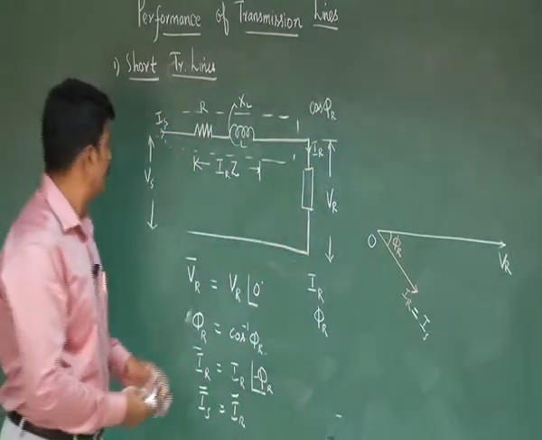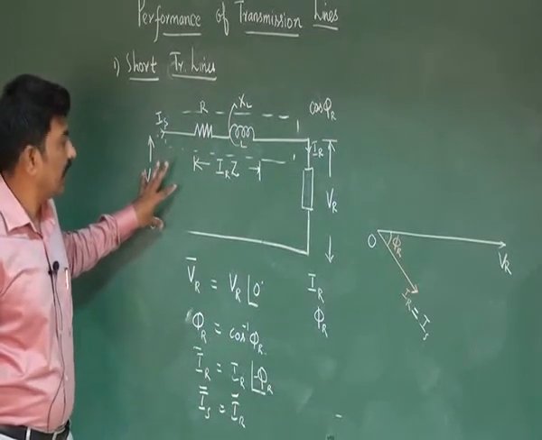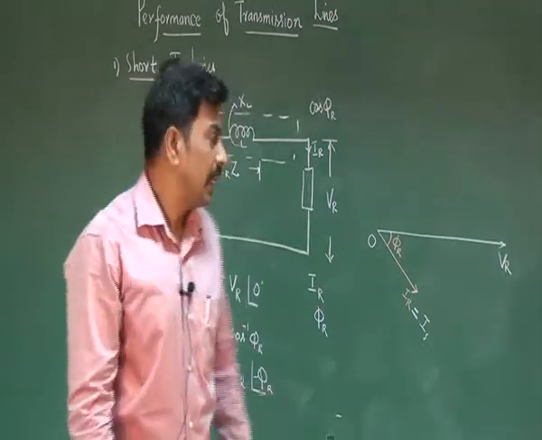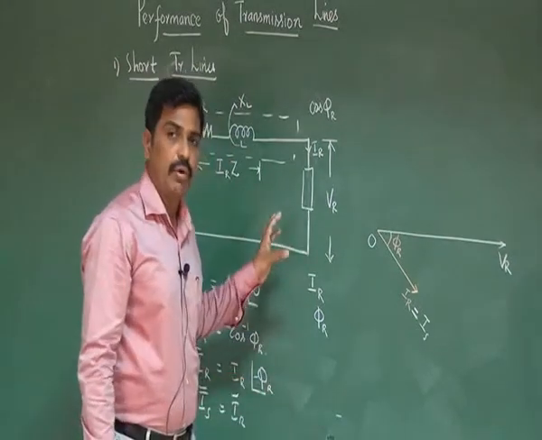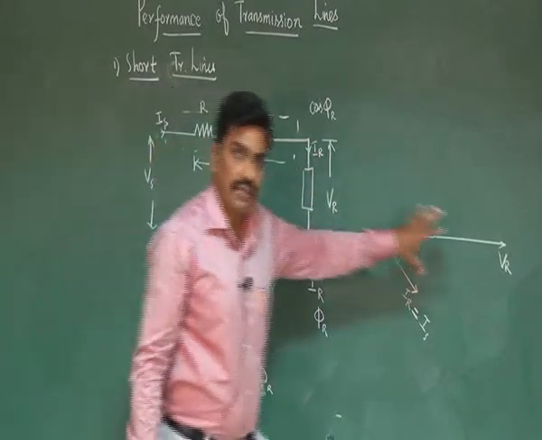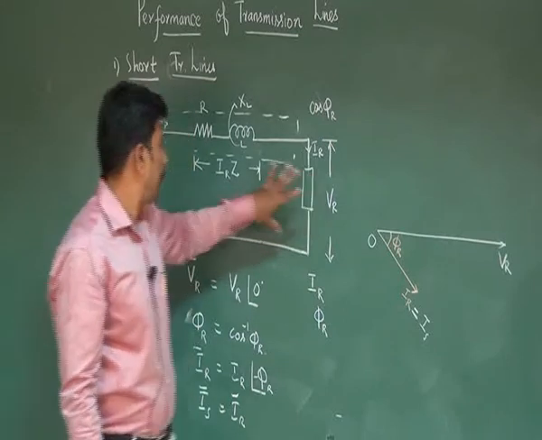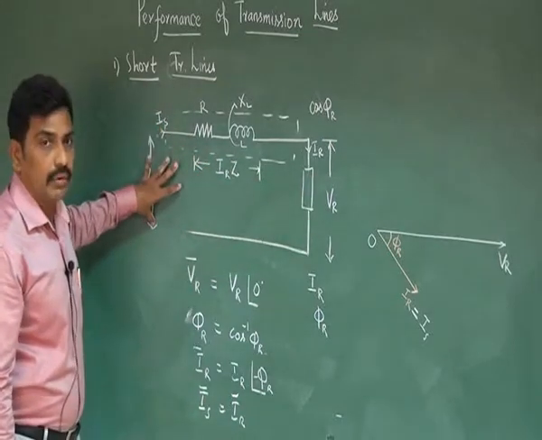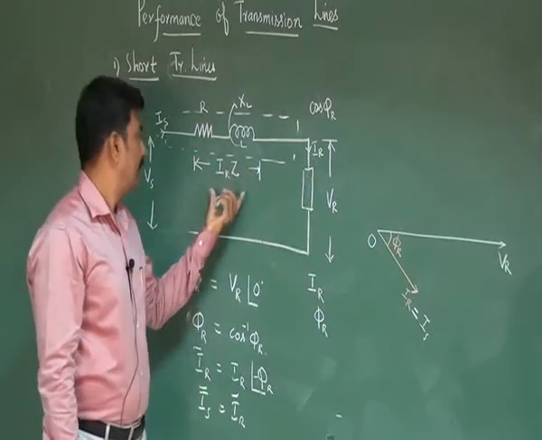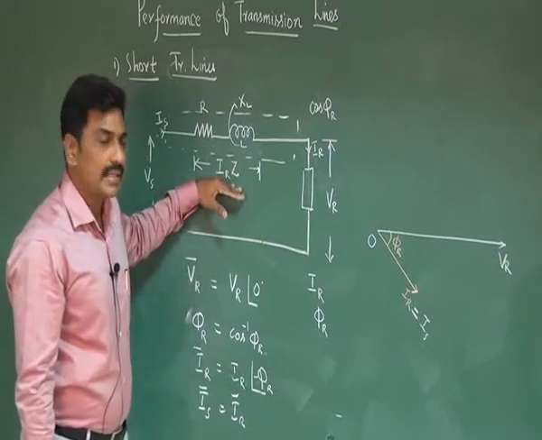Next, we need to plot the sending end voltage vector. Here we have some problem in drawing the vector for sending end voltage, since other vectors are also involved, right. Look at the circuit again. After plotting the vector for VR, we have the sending end voltage. In between we have a voltage drop. This is also a voltage, and that voltage involves the series impedance.